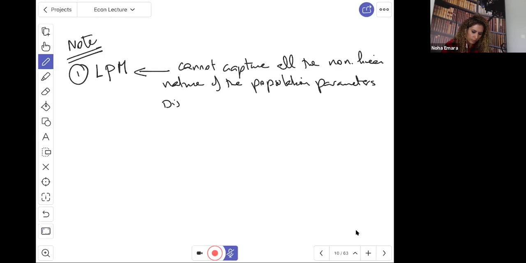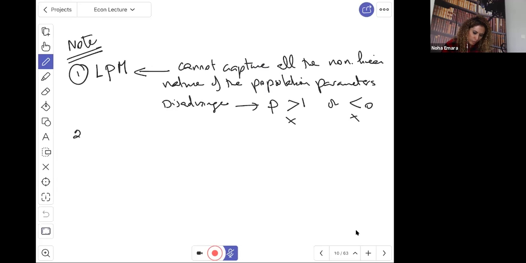Disadvantage: probability might be greater than 1 or less than 0, which is wrong. Okay.